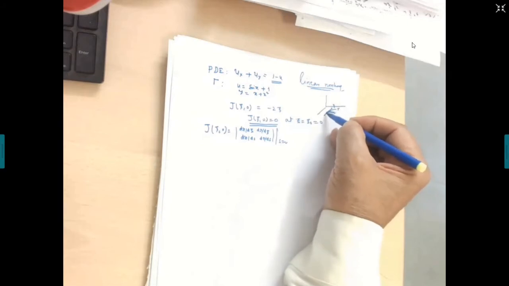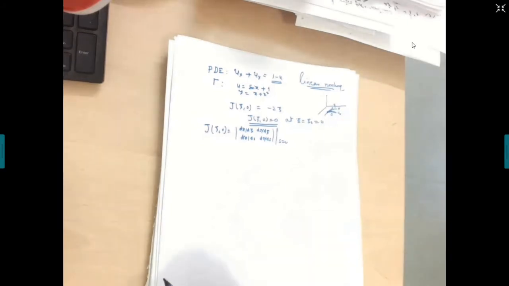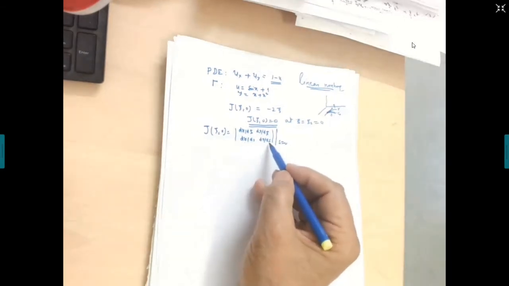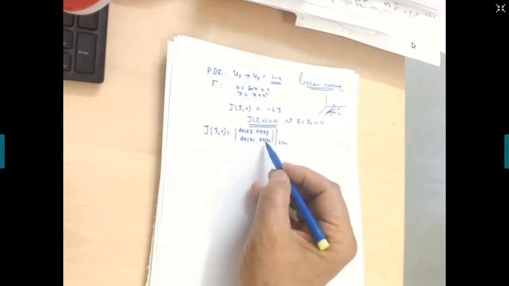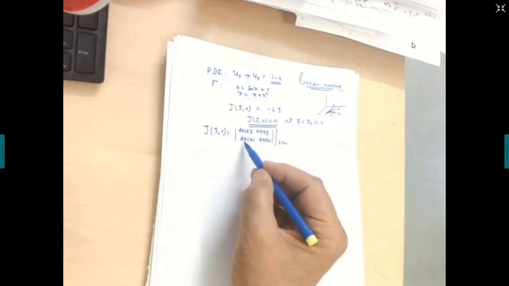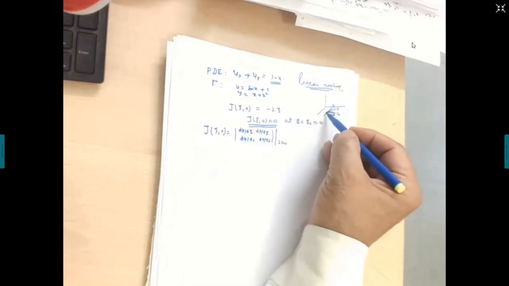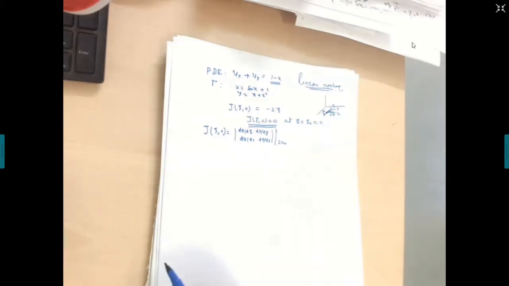Xi is the parameter along gamma. What are dx/ds, dy/ds? We know from calculus that these are the components of the tangent vector to the characteristic curve, evaluated at s equal to 0. S is measured in this direction. Here s is equal to 0. So this is the point P naught. Is that right?